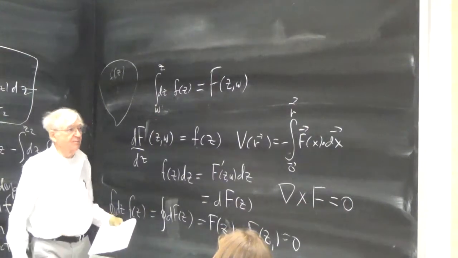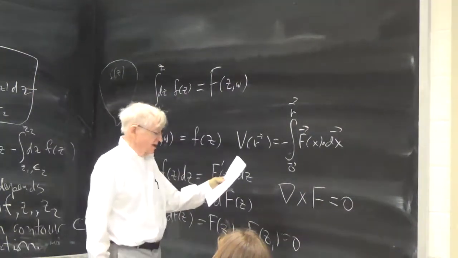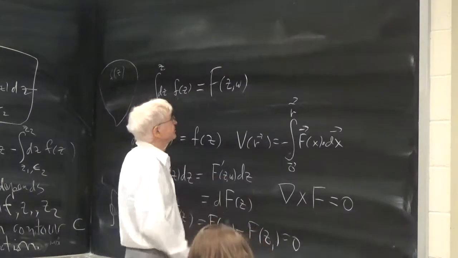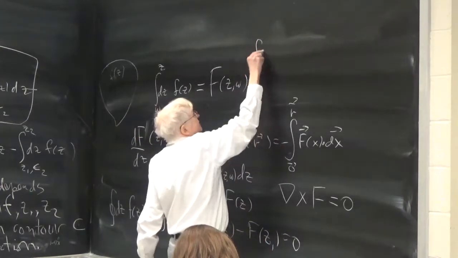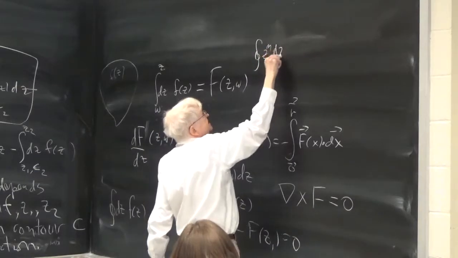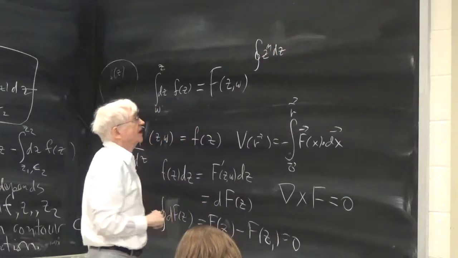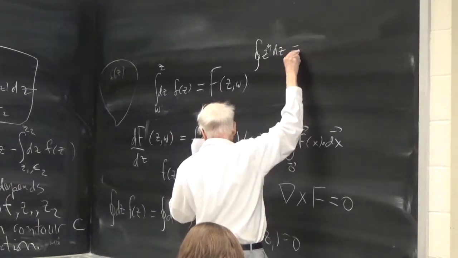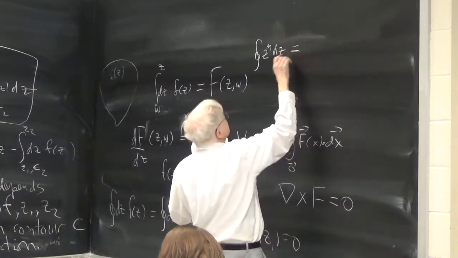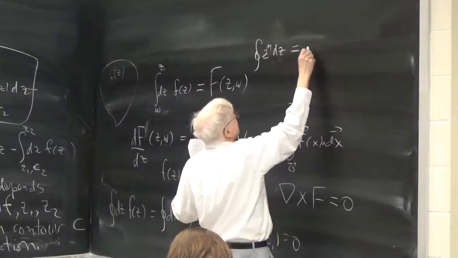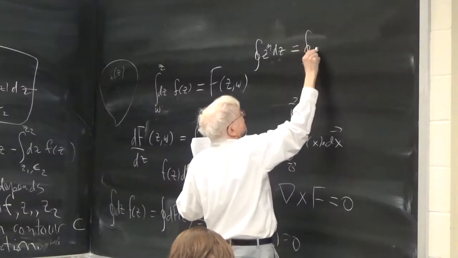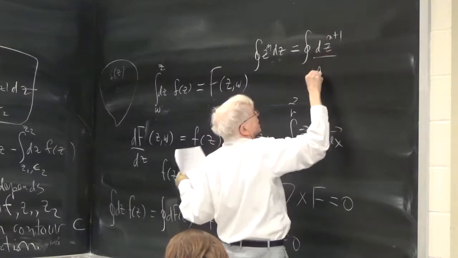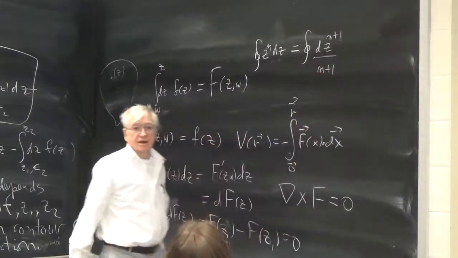Let me give an example of this. The example is polynomials. The integral of z to the n dz. Well, z to the n dz is just the integral of d of z to the n plus 1 over n plus 1.